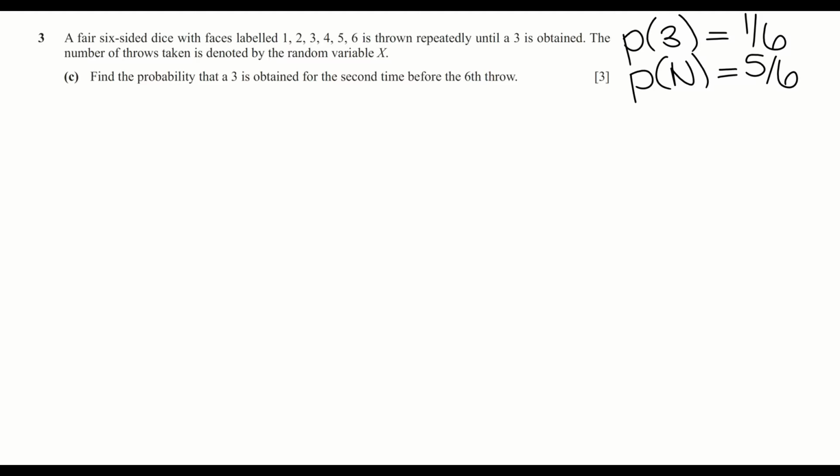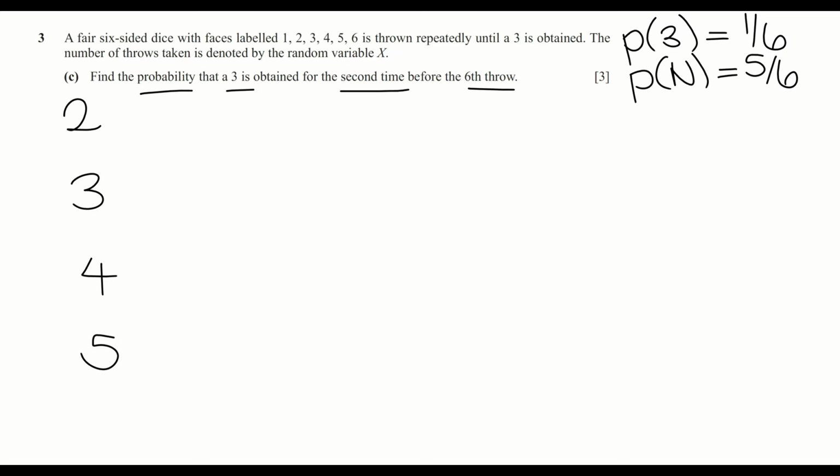We are looking at the probability that a 3 is obtained for the second time before the 6th throw. If a 3 is obtained twice, it cannot be on the first throw. So now we have to look at 2 throws, 3 throws, 4 throws, and 5 throws. But remember that when the second 3 is obtained, the game ends. Keep that in mind while working through this question.